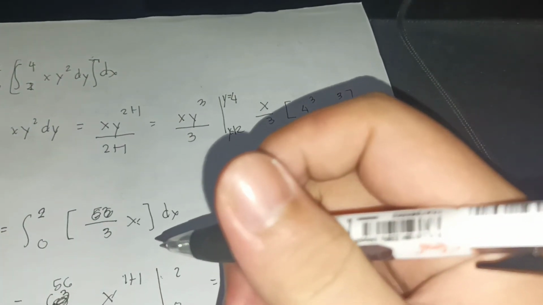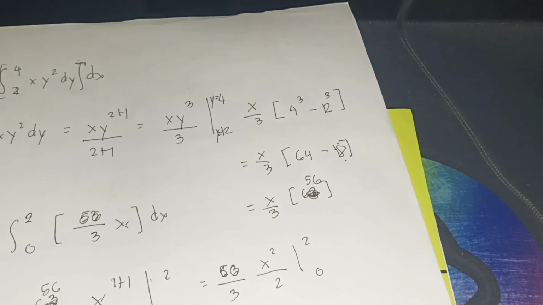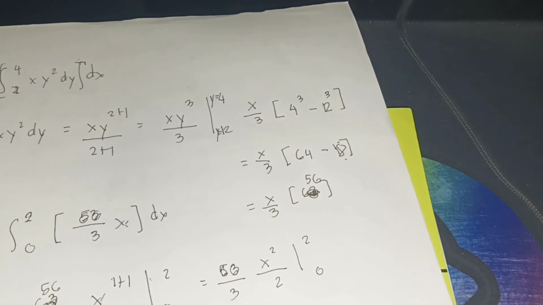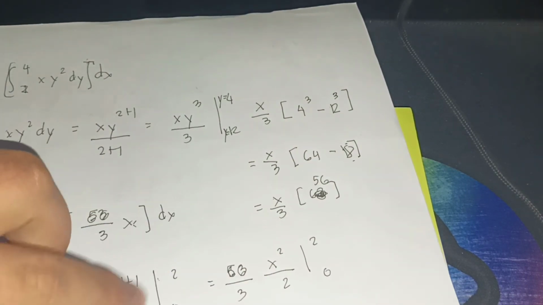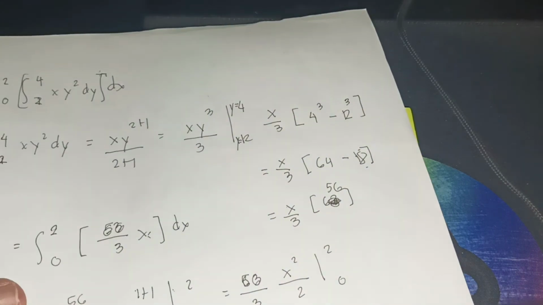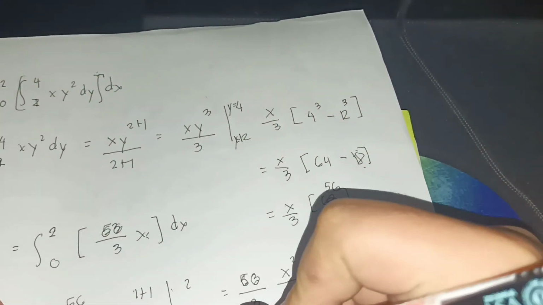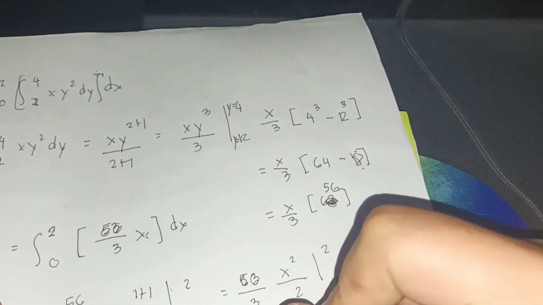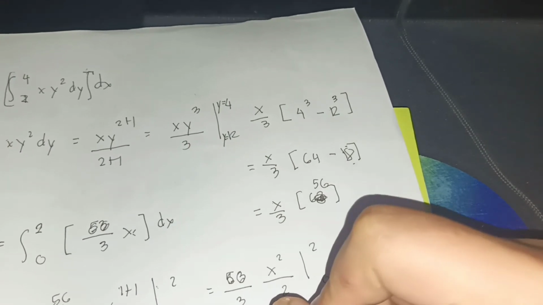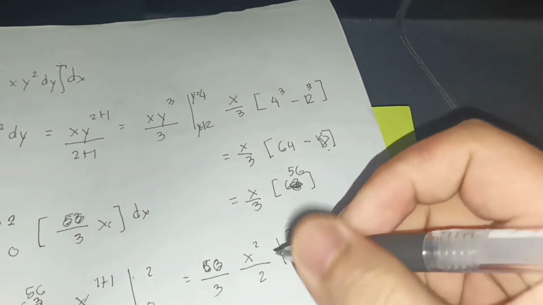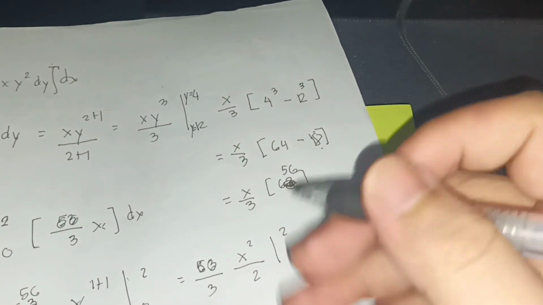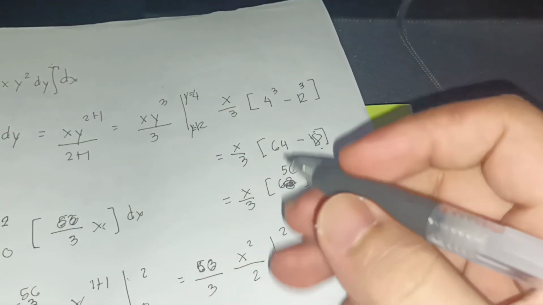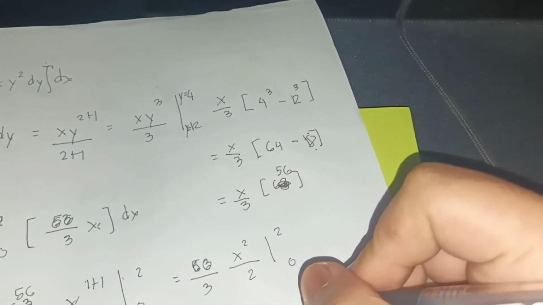We have 28 over 3. And then we just substitute the evaluation by 2 due to our exponent being 2 here. 2 minus 0, 2. It will become 2 times 2. Obviously it's gonna be 4.